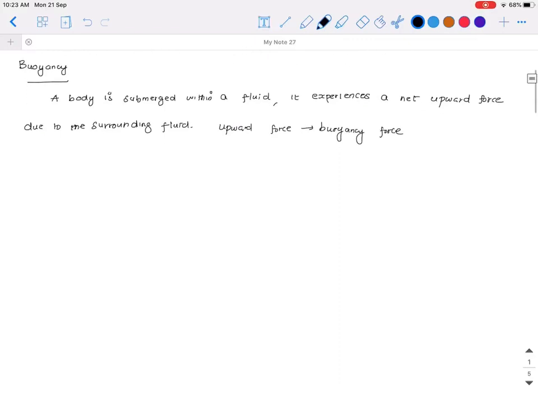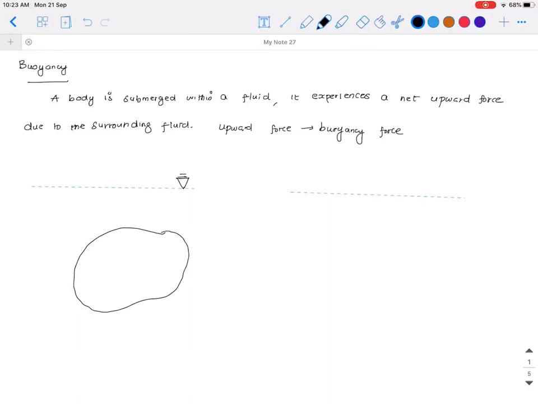Let us consider a fluid medium with a free surface. If it is an inverted triangle, then it denotes a free surface. The fluid is below this free surface, and we take a body of arbitrary shape immersed in the fluid.